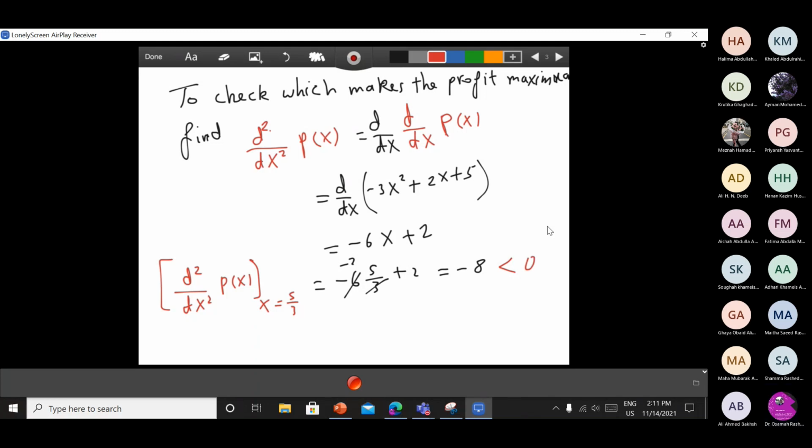Because it is negative, x equal to 5 over 3 makes P of x maximum.